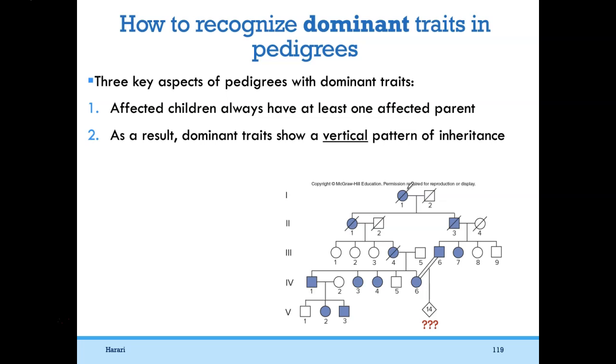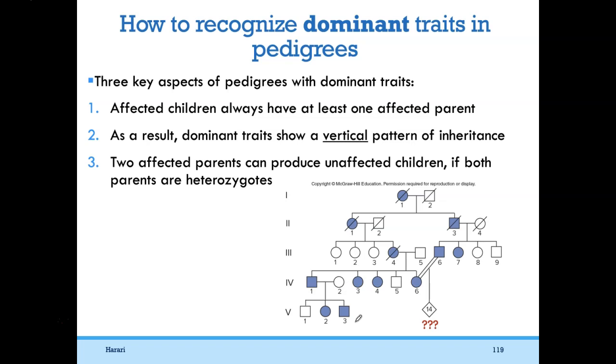As a result, we see vertical patterns of inheritance. That means it gets passed down from one generation to the next, top to bottom. And if it's a dominant trait, that means 2 affected parents can possibly produce an unaffected child if both parents are heterozygotes. So there's a 25% chance of having an unaffected child if 2 affected parents are carriers of a dominant disease.